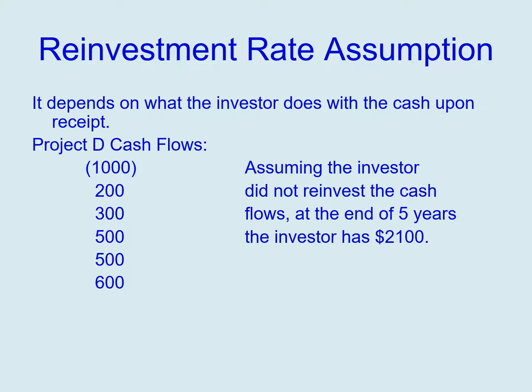What did you end up getting from that project? Well, if you sum up those cash flows, on a $1,000 investment, you ended up getting $2,100, just summing up the positive cash flows.